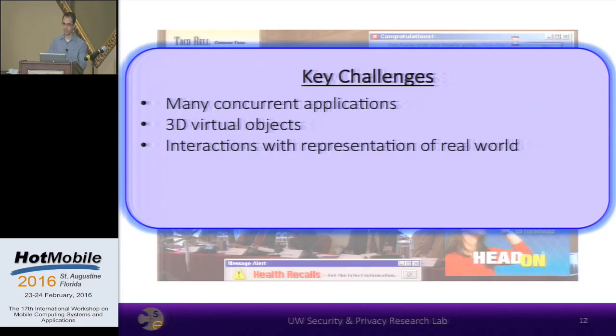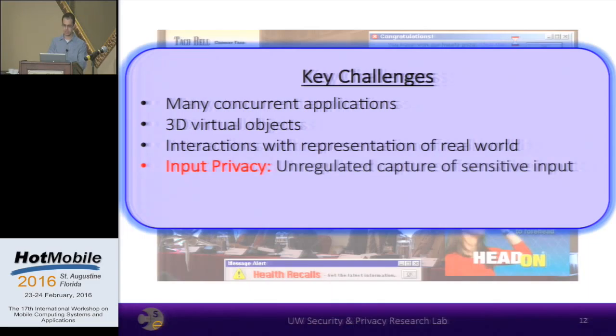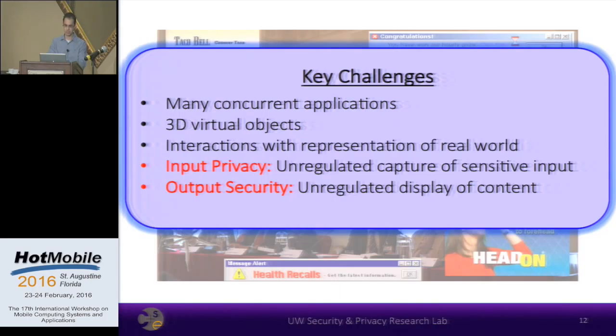These are serious technical challenges and ones that industry players are likely considering. However, they are further compounded by a multitude of both input privacy risks due to the potential of malicious or buggy applications to collect sensitive sensory information from a user's surroundings, such as video feeds or audio recordings, as well as output security risks due to the ability of apps to overlay arbitrary augmentations on a user's view of the real world.